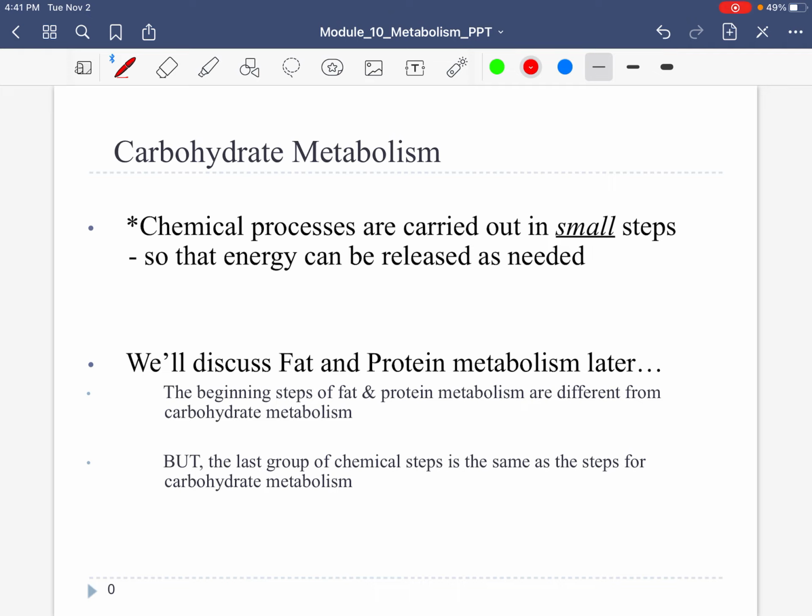Okay. These processes, so the chemical reactions involved in cellular respiration, are carried out in small steps. And what that means is that energy can be released as needed. This is not going to be on any quiz or exam, what I'm going to say right now, but I'm going to throw it out there anyway because maybe it'll help understand. We can store glucose, we can store fat, we can store a little bit of protein, not much, but we can store a lot of carbs, we can store a lot of fat in our body.